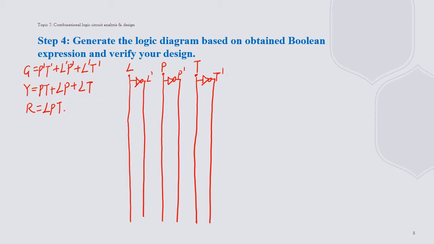Okay, so the first function, green, so let's use the green. So it's P prime, T prime. So you just find the corresponding line. This is P prime, which means we are connecting these two together using an AND gate, right? And L prime, P prime.